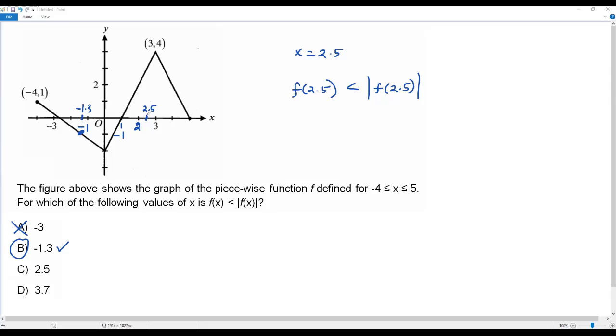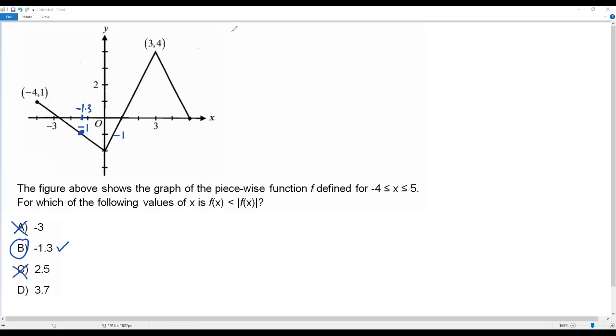Now we have to get the corresponding y coordinate. I think when x equals 2.5, the corresponding y value is about 2.5. So 2.5 less than absolute value of 2.5. Actually 2.5 and 2.5 are equal, so we cannot accept that 2.5 is less than 2.5. So the value of x in answer choice C does not satisfy the given inequality. We can reject option C as well.